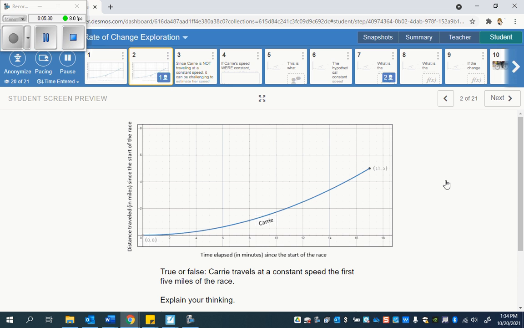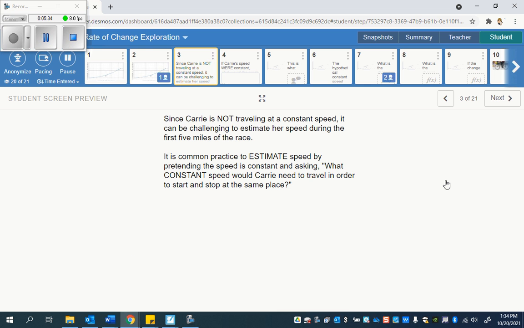Okay. True or false, Carrie goes at a constant speed. False, because it's not linear. I liked that. Okay. Since Carrie is not traveling at a constant speed, it can be challenging to estimate her speed during the first 5 miles of the race. It is common practice to estimate speed by pretending the speed is constant and asking what constant speed.